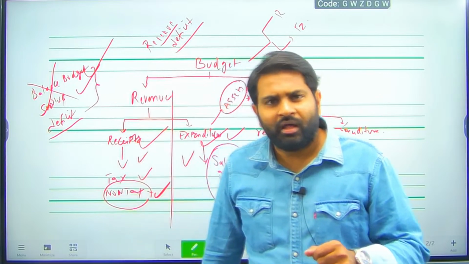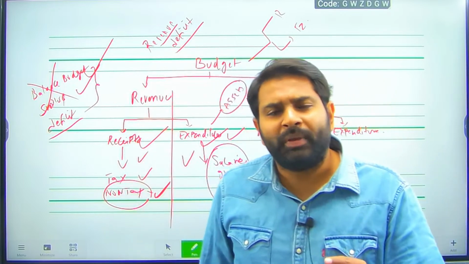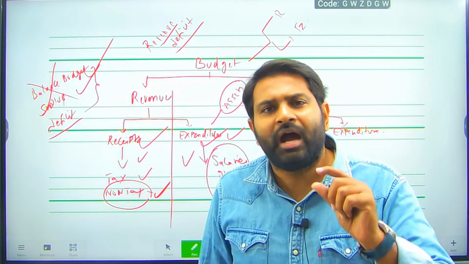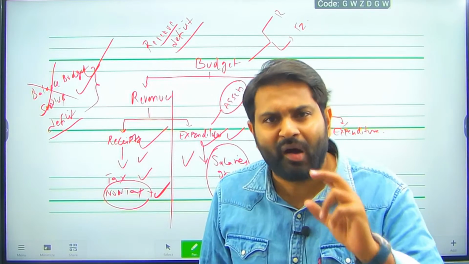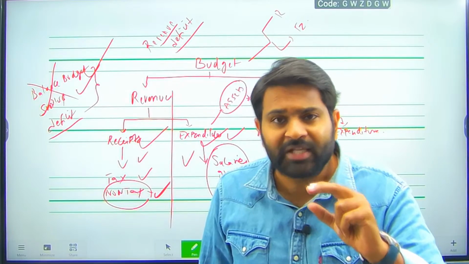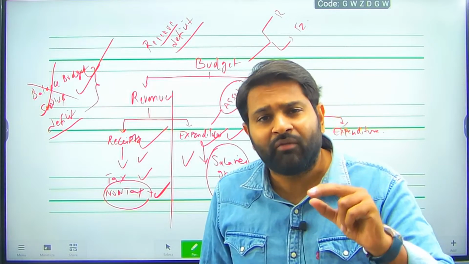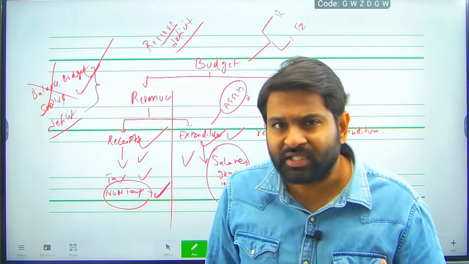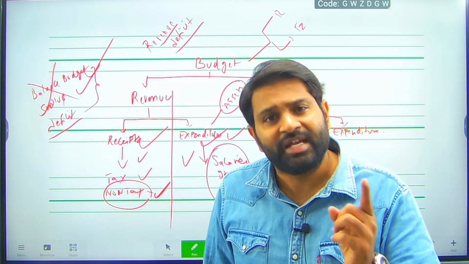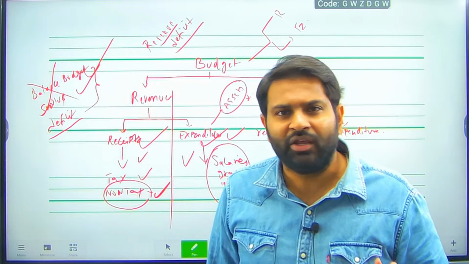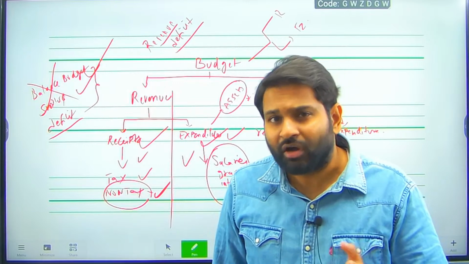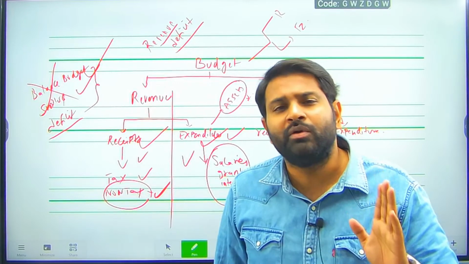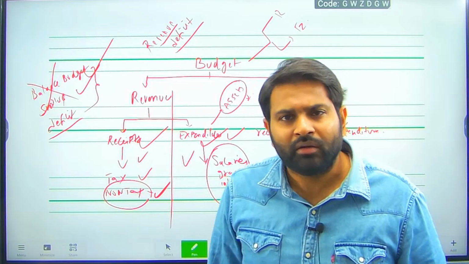Understand this. If I am spending 10 lakh rupees to buy a house, it is a good expenditure, capital expenditure. But if I am spending 1 lakh rupees on a party, do you think that is good financial discipline? No. If any expenditure is creating an asset, it is fine, you will accept it. But if it is not creating an asset, it is revenue, it is recurring, it is not good, right?